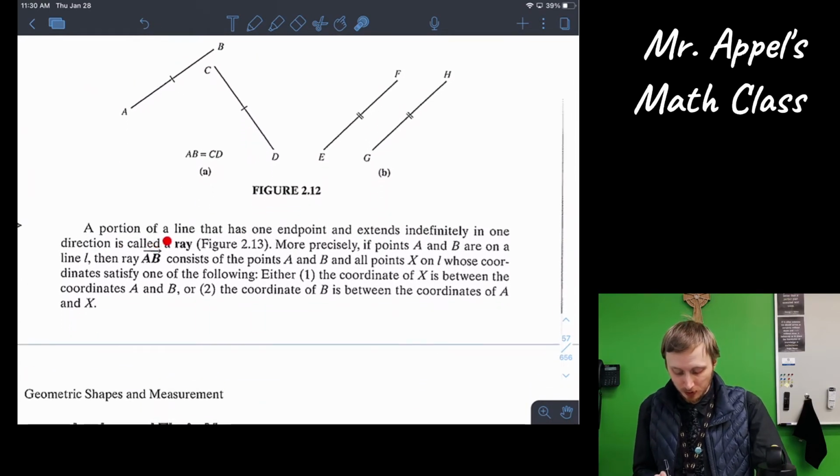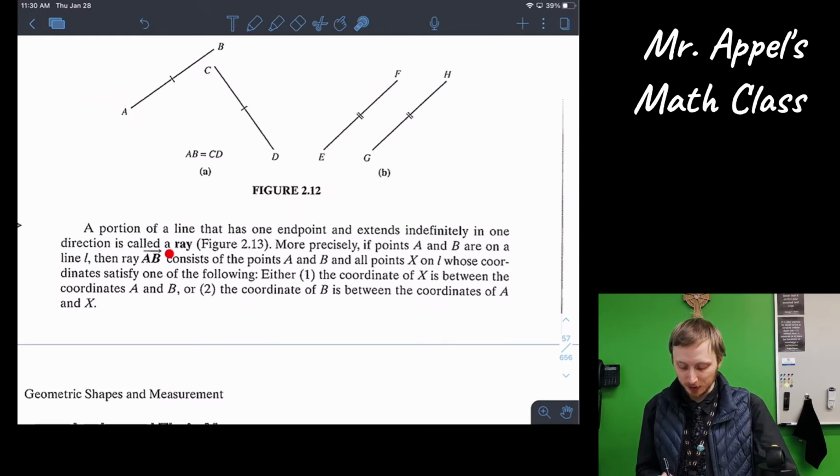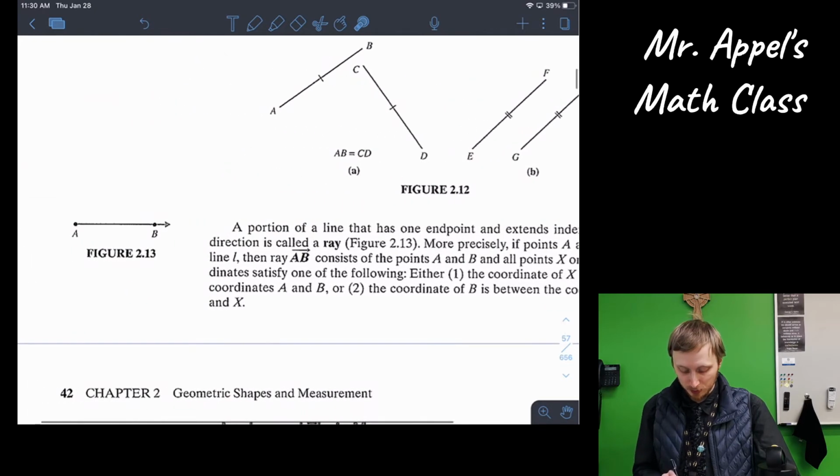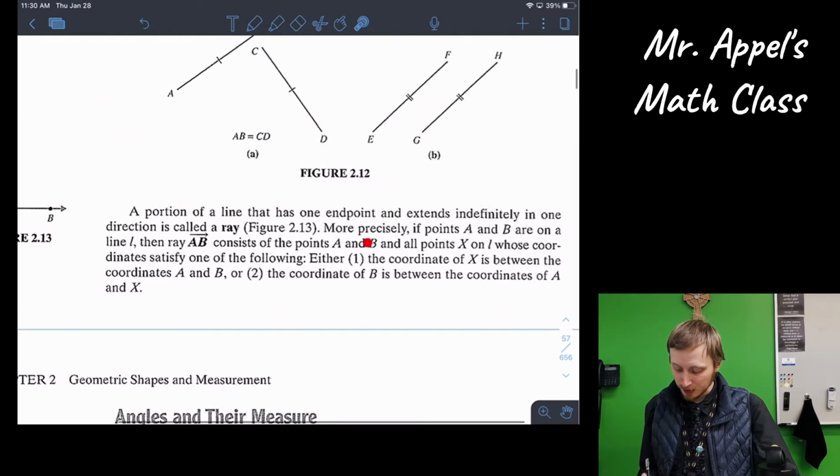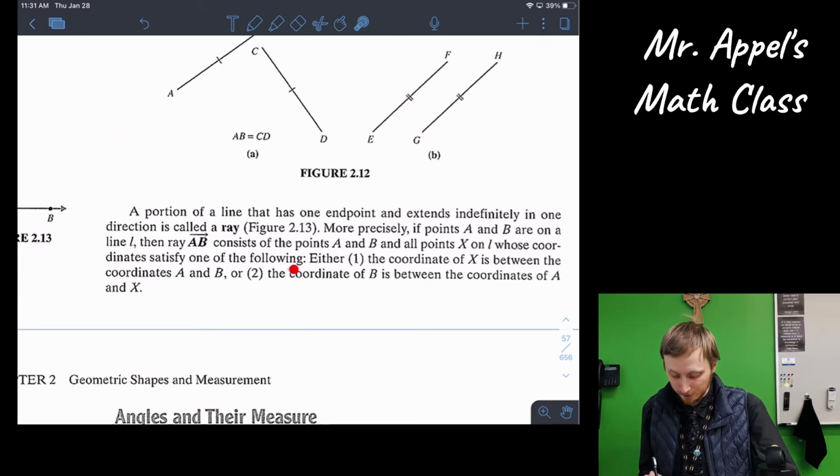A portion of a line that has one endpoint and extends indefinitely in one direction is called a ray, as we've shown here, one endpoint and one arrow. More precisely, if points A and B are on line L, then ray AB, notice the symbol there, one endpoint, one arrow, consists of the points A and B and all points X on L whose coordinates satisfy one of the following.